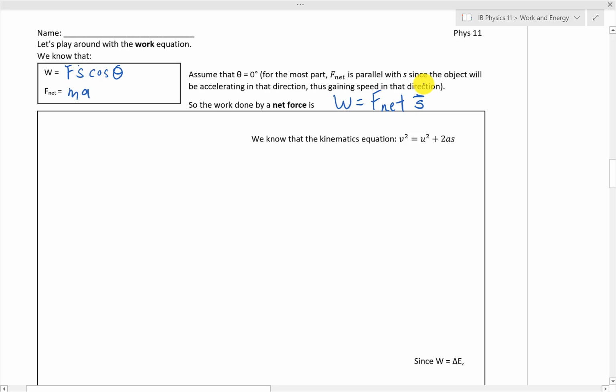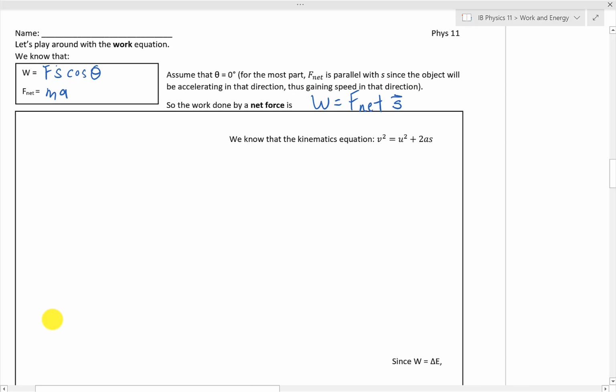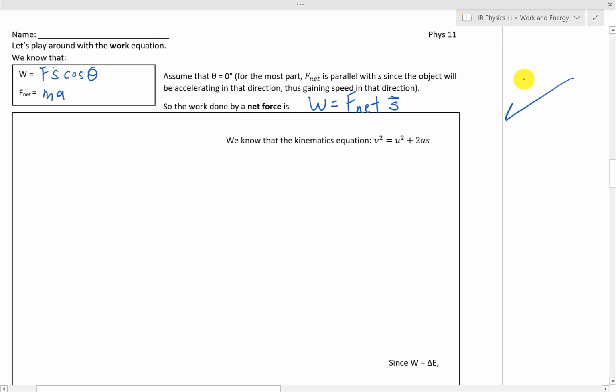But when we find the net force on our object, usually that is in the same direction as the object's acceleration, and for most of the time, your object is going to be displaced in that same direction of acceleration.